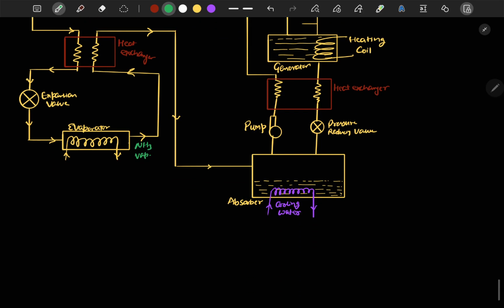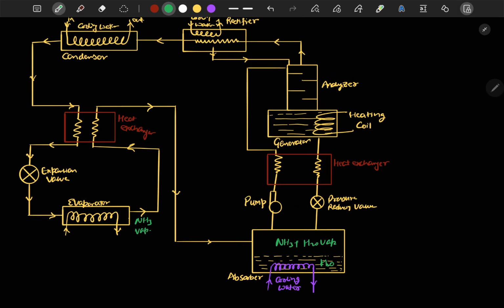In the absorber it is H2O, but here there are NH3 plus H2O vapors, and also NH3 vapor, and this will increase the amount of ammonia in the solution.